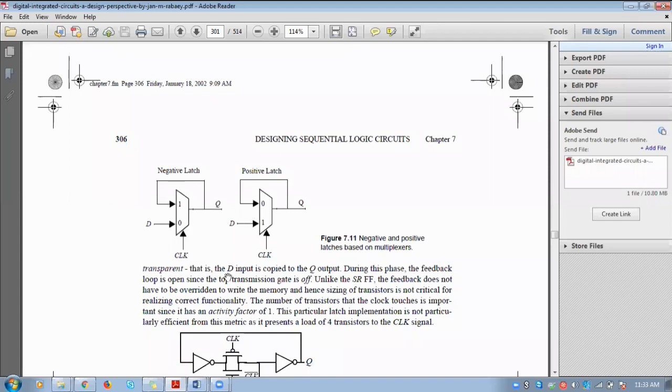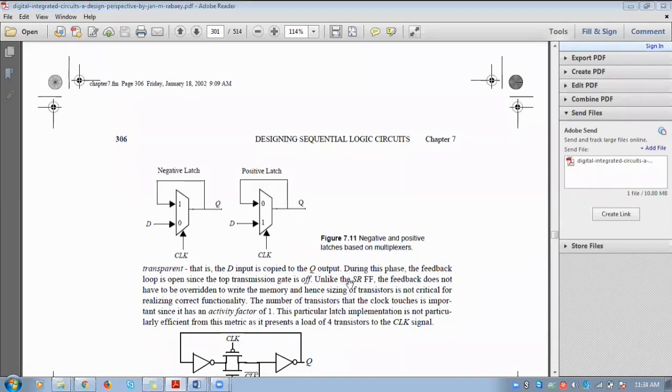When we apply the next clock, this value will come out. This is the normal hold operation of this particular latch. So when I am applying logic 0, it will be in transparent mode. When I am applying logic 1, it will be in hold mode for the negative latch. If you see the positive latch, when I am applying logic 1, it will act in transparent mode. When I am applying logic 0, it will be in hold mode.